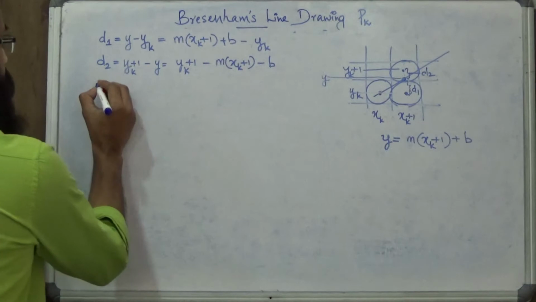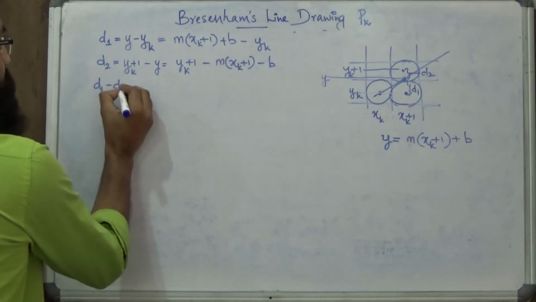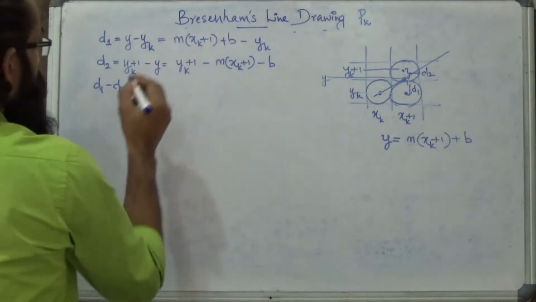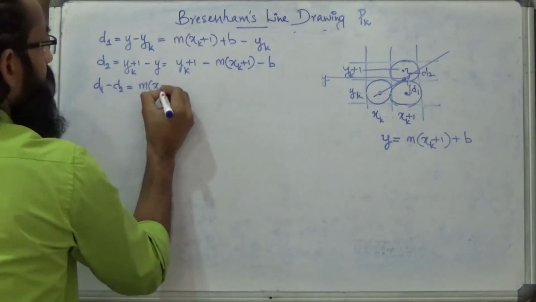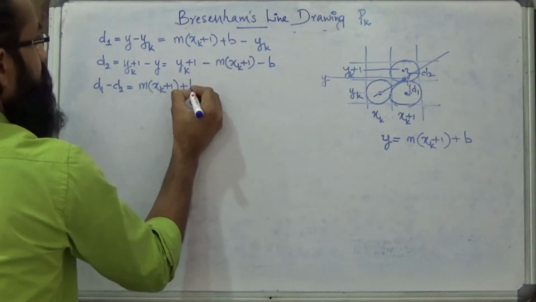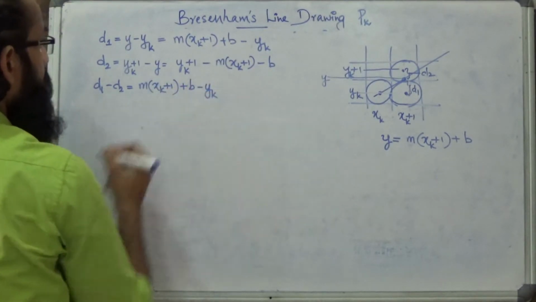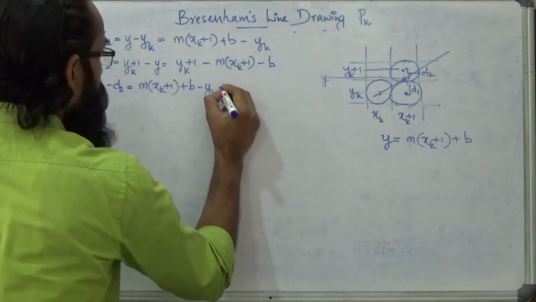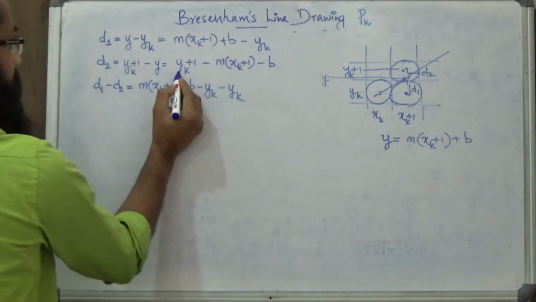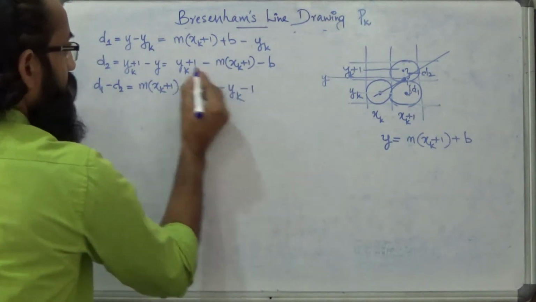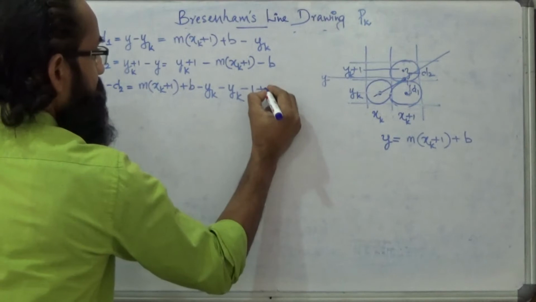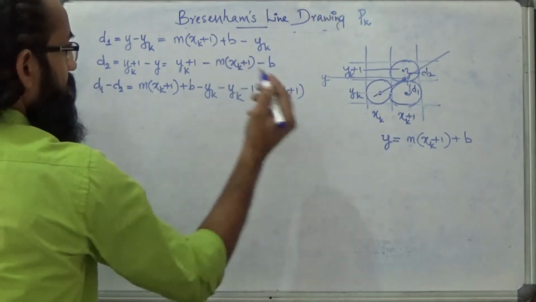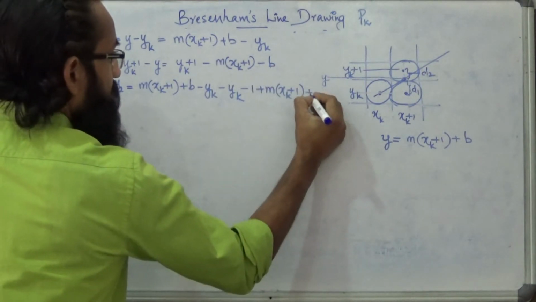Now you can take the difference d1 minus d2. So this will be equal to d1, that is m into xk plus 1 plus b minus yk, minus d2. Minus d2 is minus yk plus 1 plus m into xk plus 1, this quantity, plus b.